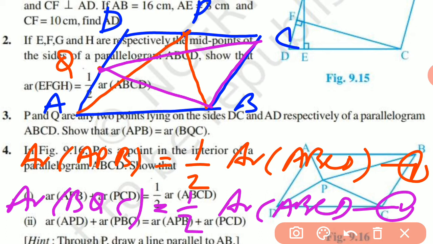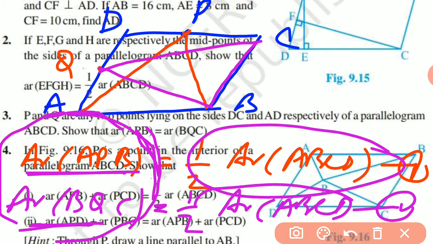From 1 and 2 right hand sides are equal, so we can say that left hand sides will also be equal, so the result is proved: area of this triangle equals area of this triangle, because the right hand sides are the same.